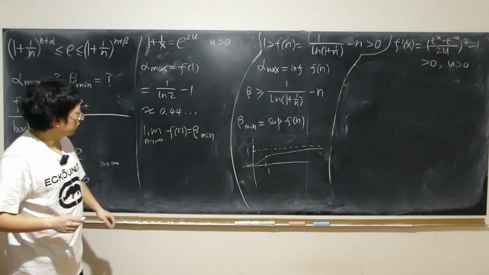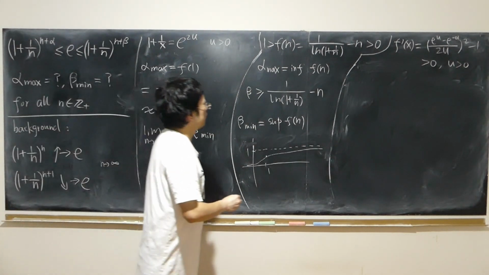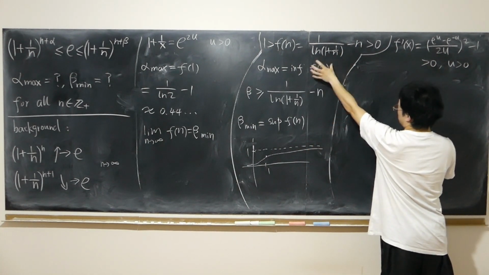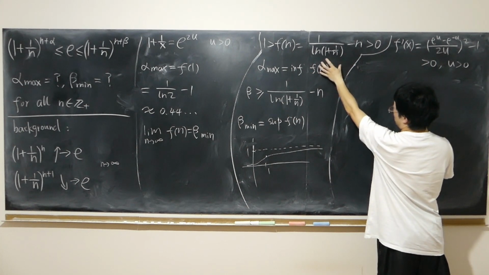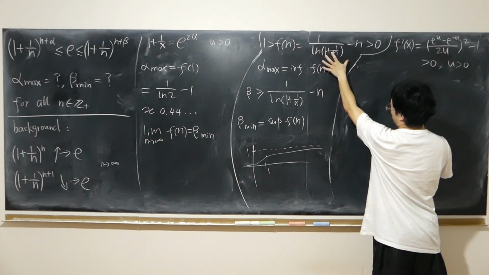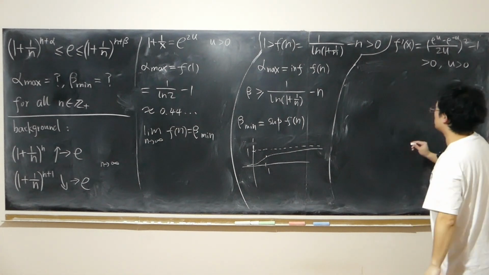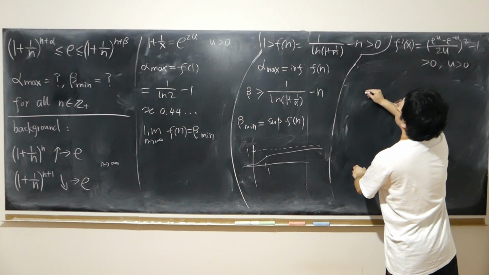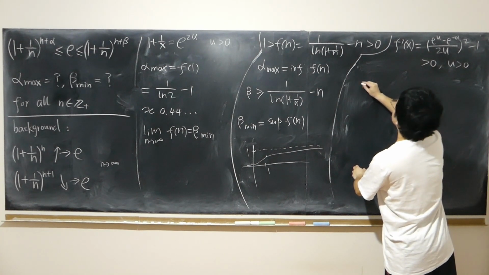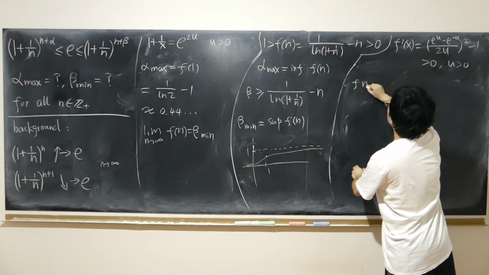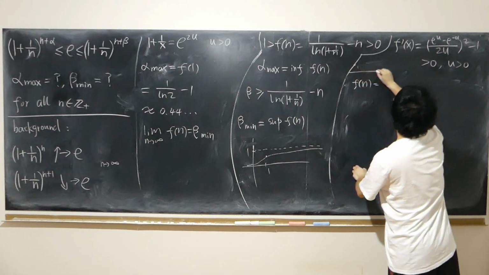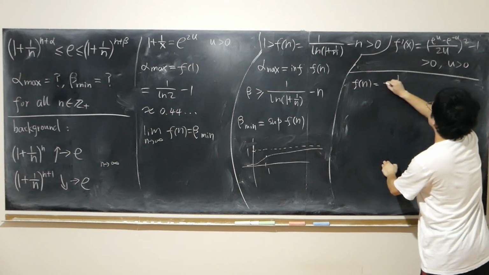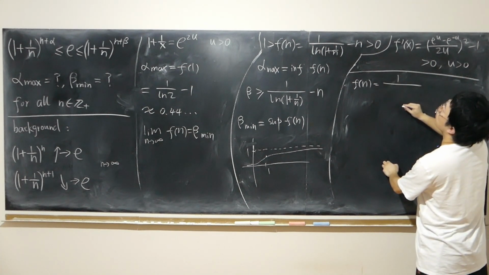Now to calculate the limit of f of n, as n approaches infinity, we use the Maclaurin expansion of log of 1 plus x nearby x equal to 0. So f of n, I rewrite this as 1 over log of 1 plus 1 over n.